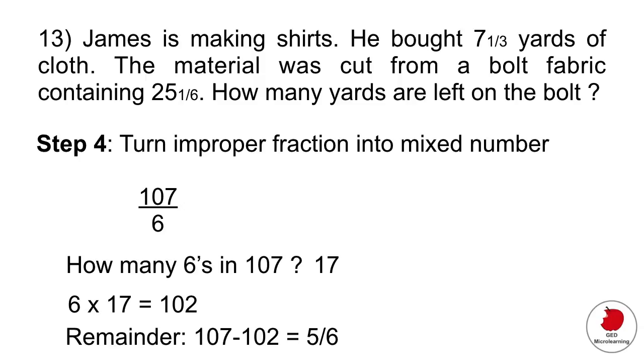Okay, so the remainder is calculated by taking that original number, 107, minus that number that you just got, 102. That gives you 5. And then you're going to keep the original denominator, which was the 6. Okay, so this number that you just got, 17 and 5/6, is equal to 107 over 6.